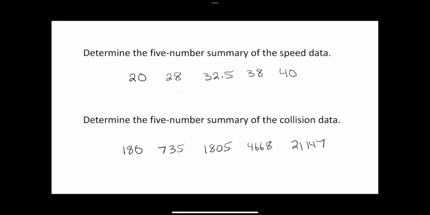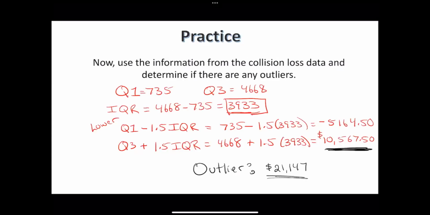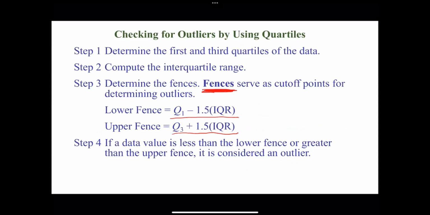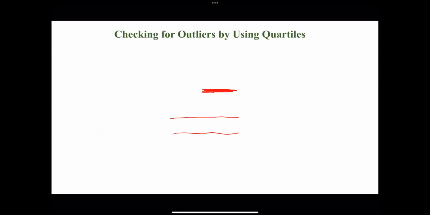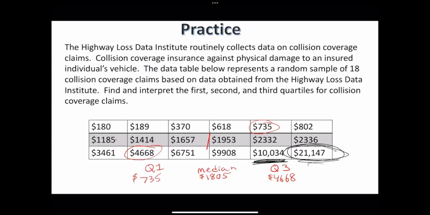I have a question. Can we look at one of those data sets, either the insurance, the money, the box with all the numbers? Yeah, hold on, let me get back there. My question is, because the numbers fall right in the middle, I guess because we have an even number, then like Q1 is 735.